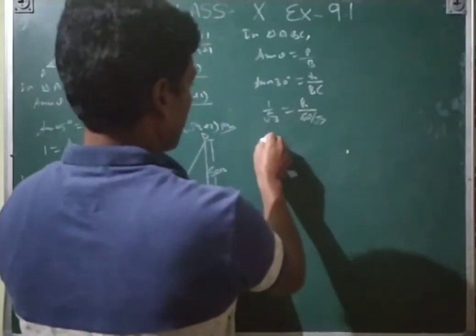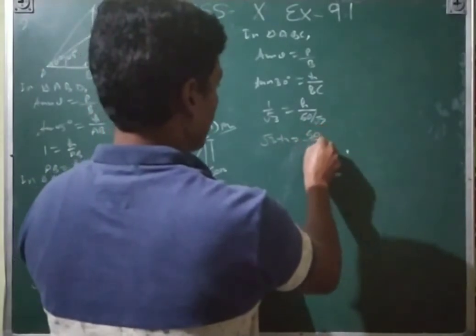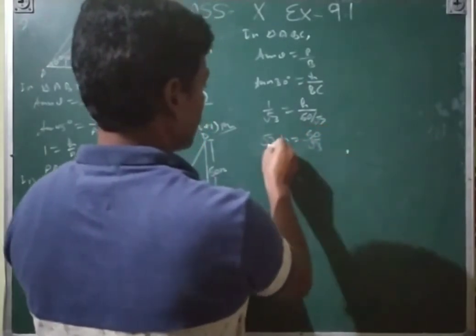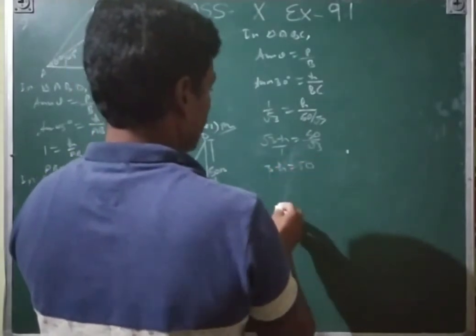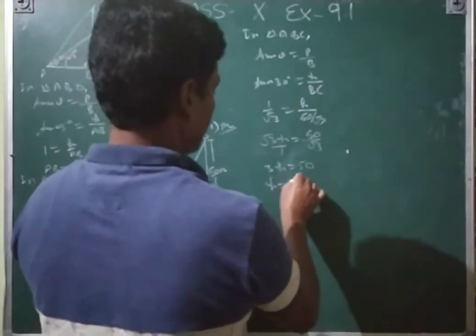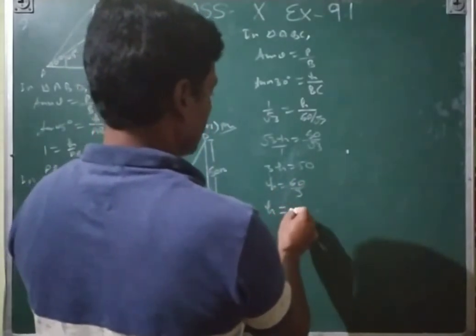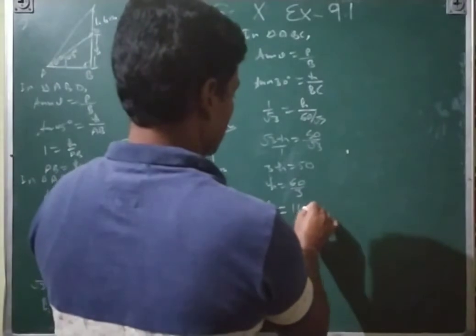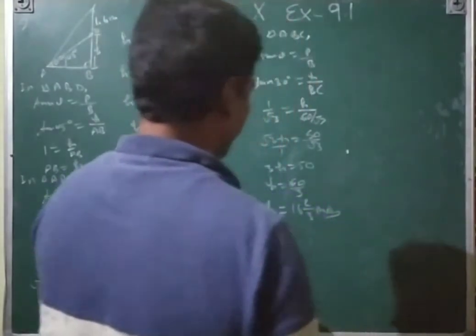By cross multiply, root 3 H is equal to 50 upon root 3. Again by cross multiply, 3H is equal to 50. So H is equal to 50 upon 3, or you can write in mixed fraction, 16 whole 2 upon 3 meters. This is the height of the building.